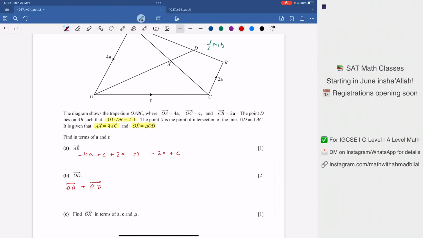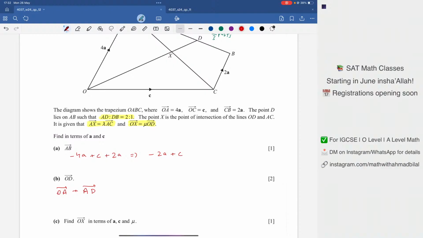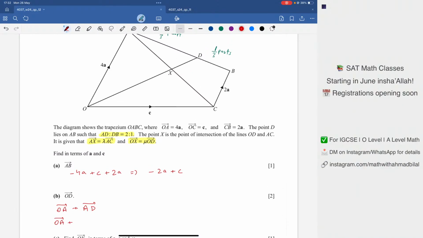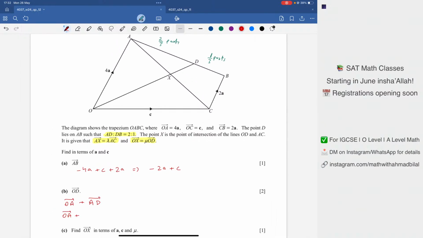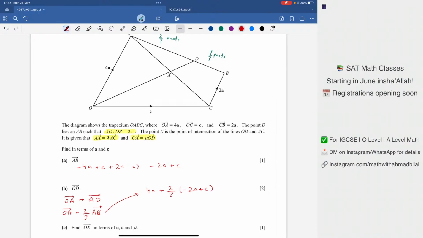So what that means is, we could say this is OA vector plus AD could be written as 2/3 times AB. And now we just input values and simplify that and see what that gives us. What's OA? OA is 4A plus 2/3 times AB. We already know what that is. That's minus 2A plus C. Simplify this and that will give you the result.